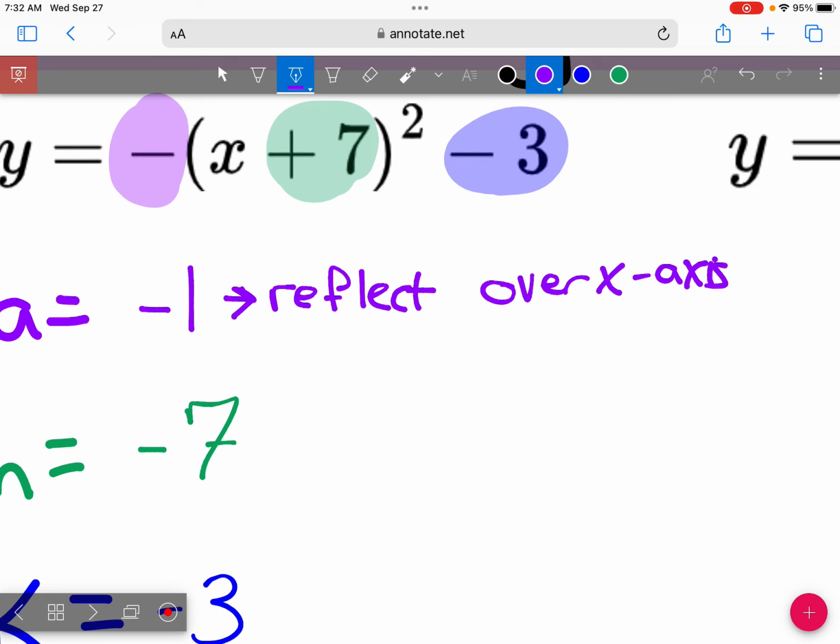If A is negative, it reflects over the x-axis. And that just means it's going to go upside down.